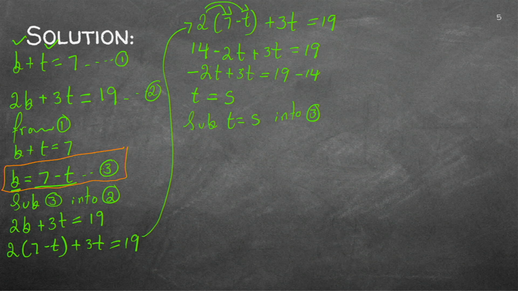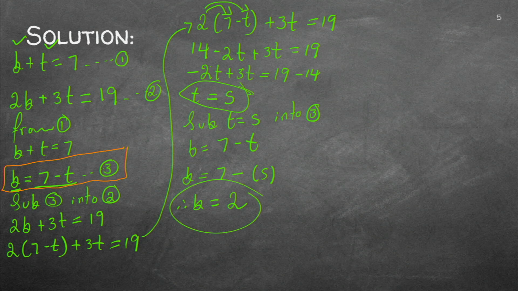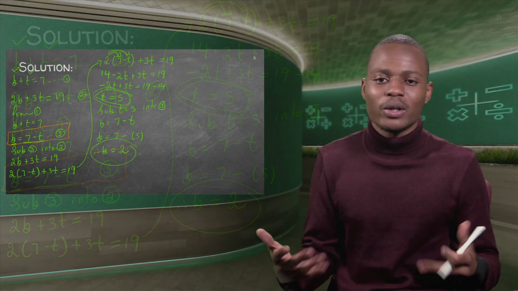Equation 3 says b equals 7 minus t, and we find that t equals 5, so b is given by 7 minus 5. What is 7 minus 5? That is going to be 2. So it means you had 2 bicycles and 5 tricycles. That is what you have, guys.